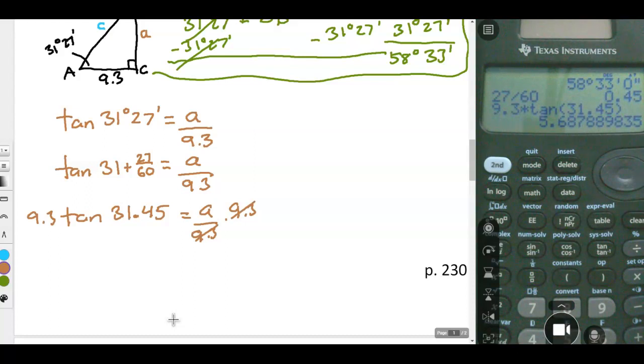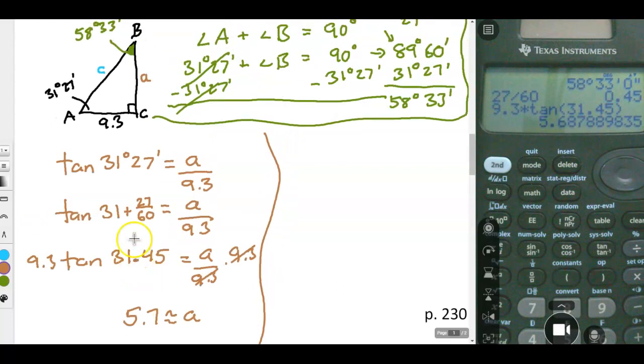We get about 5.7, I'll round to. Since I rounded, it's approximately equal to. Okay, so there's the second answer. It's about 5.7.